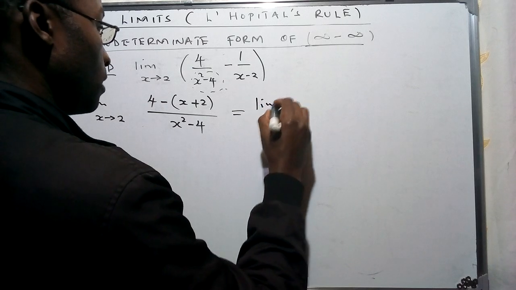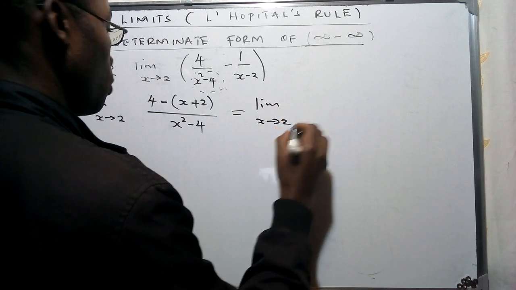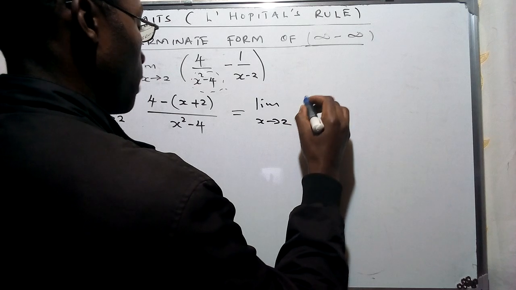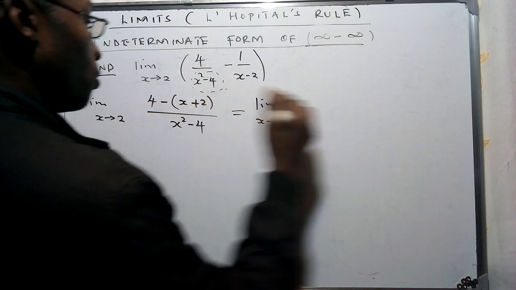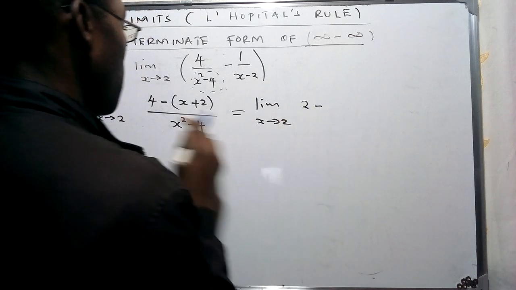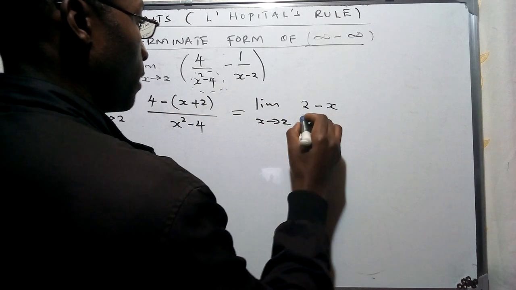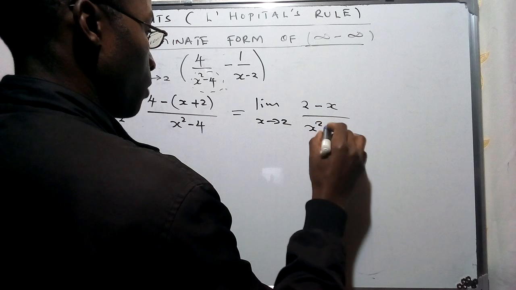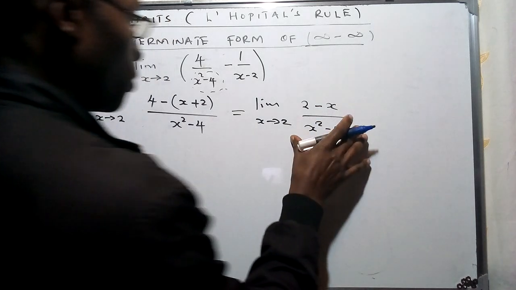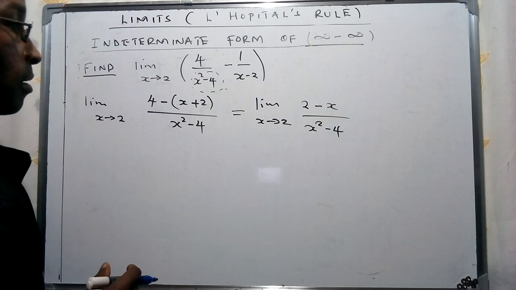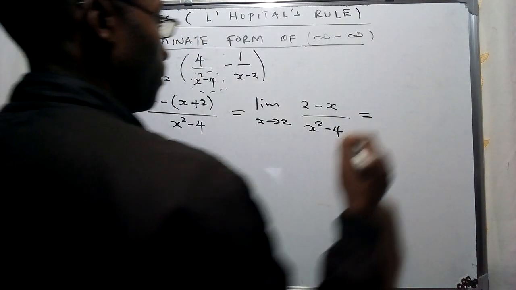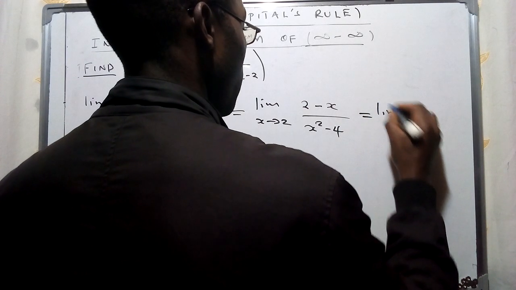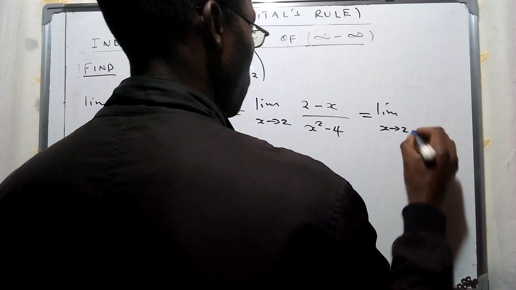The limit as x tends to 2 of this function is 4 minus x, all over x squared minus 4. So we're going to start our evaluation from this point, where we take the derivative of this function as the limit as x tends to 2.